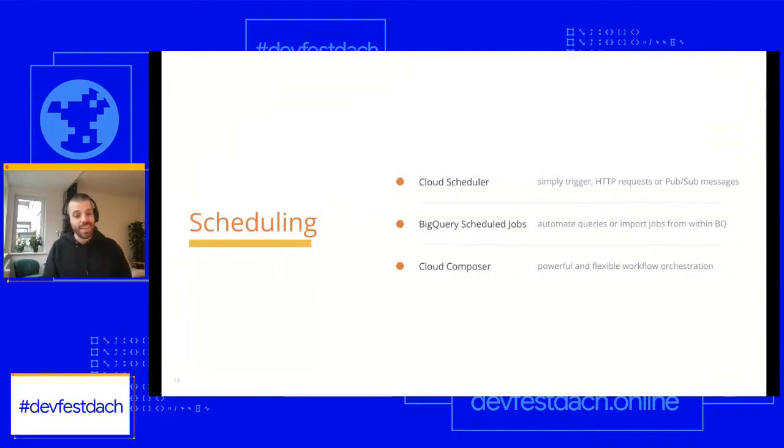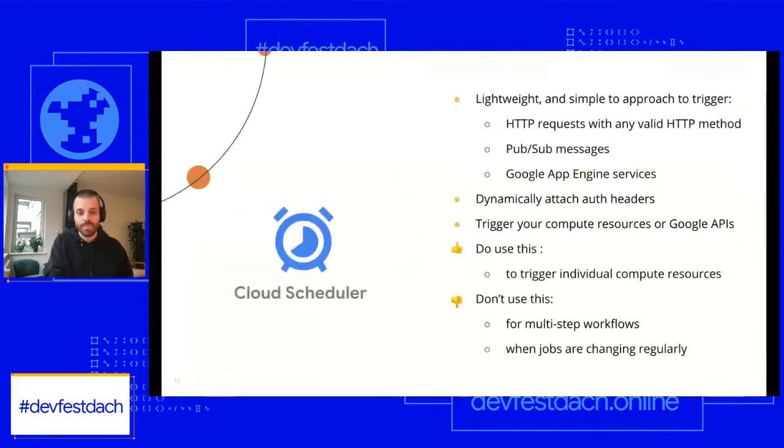Another nice feature of BigQuery, you can schedule a lot of the things you typically do with BigQuery from within BigQuery. Basically, BigQuery has a little scheduler built in. So you can automate queries or import jobs from within BigQuery. And lastly, Cloud Composer, another kind of gold standard tool for data analytics at the moment. Powerful and flexible workflow orchestration is what Cloud Composer gets you. We'll take a look at all these three in a little more detail.